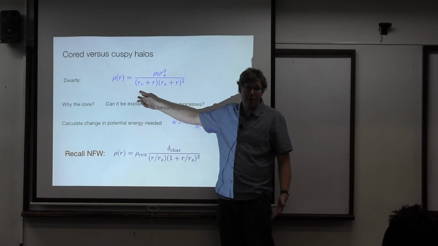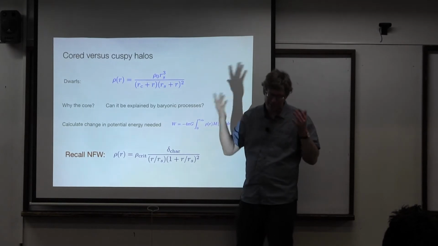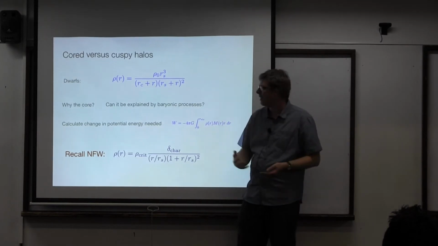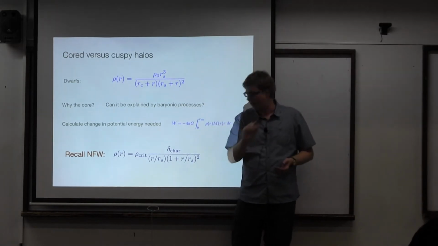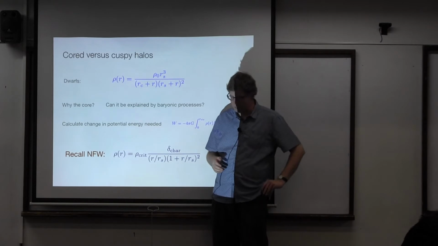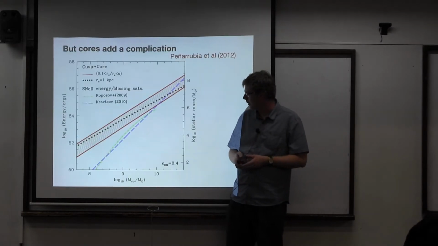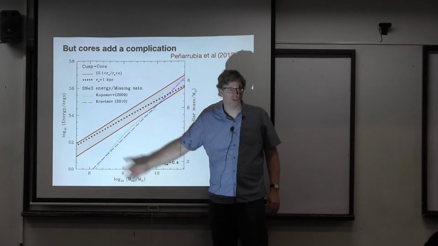Okay? He might be wrong, but it's a cute idea. It's not his idea, it's been around for a long time. But basically, if you had a little bit of velocity, you don't get this cusp in the center and you get a bit of core. So the idea was that this tension can be relieved by adding some velocity to dark matter.